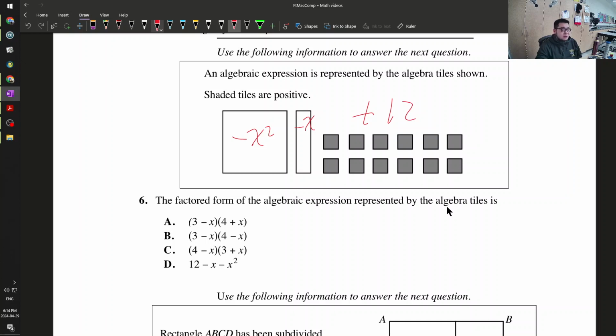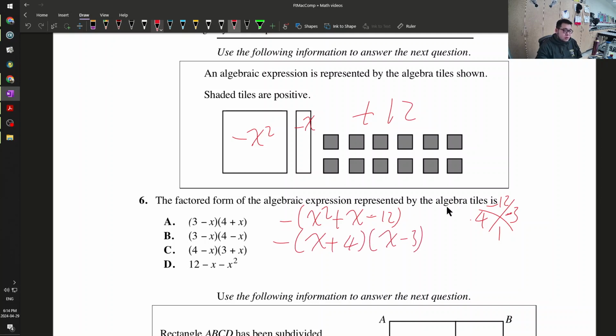I don't like it factored this way, so let's take out a common factor of negative 1. So we get x squared plus x minus 12, which can be factored. Negative 12 goes on top, 1 goes on bottom. We get 4 and negative 3. So I get negative, x plus 4 times x minus 3.